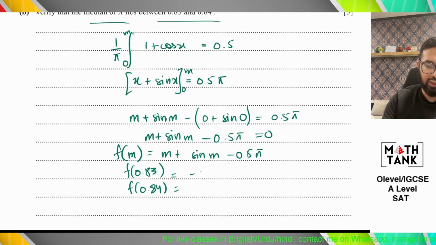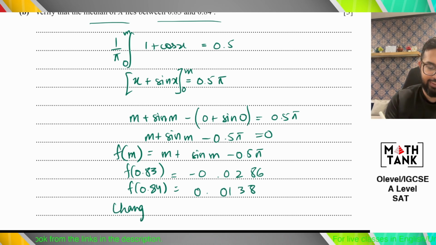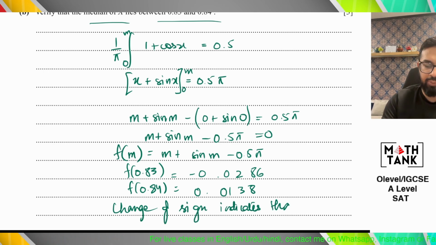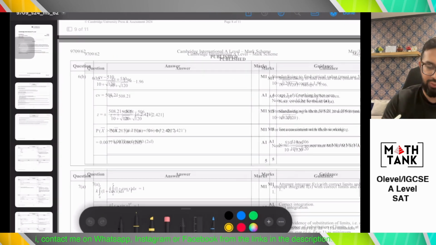That gives me minus 0.0286. And when I do 0.84, it gives me 0.0138. Change of sign indicates that m is between 0.83 and 0.84. I think that should be the solution for this one.